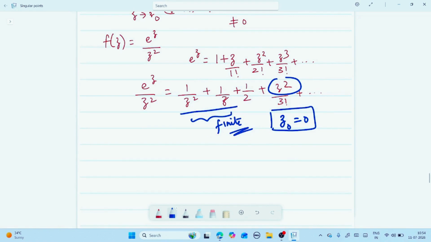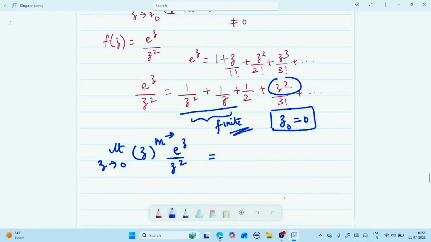Now, the next way is to identify the isolated singular point as a pole using the limit. Now, by the definition, we have limit z tending to 0, (z minus 0) the whole power m into f of z. f of z would be e power z by z square. And here m is 2.